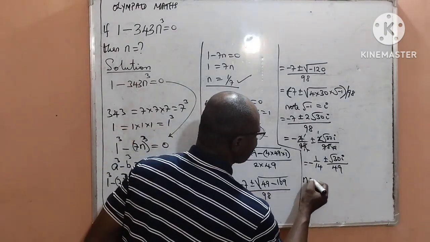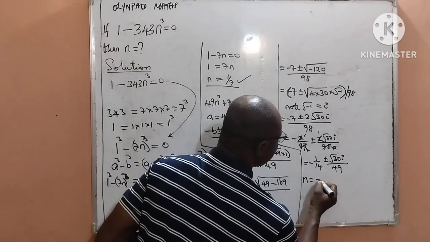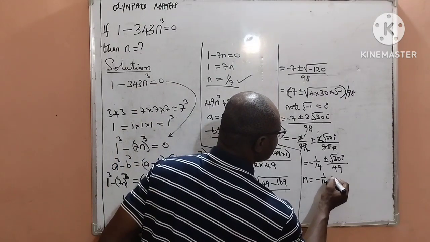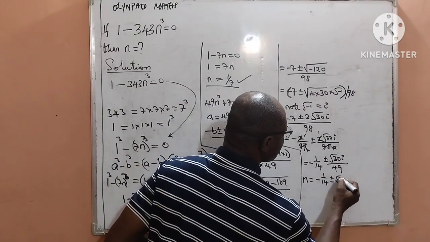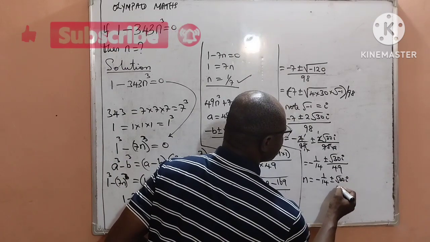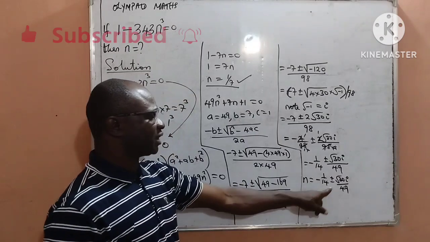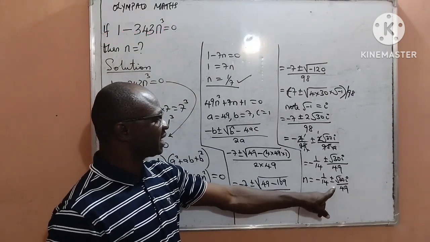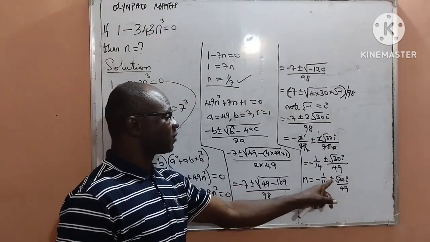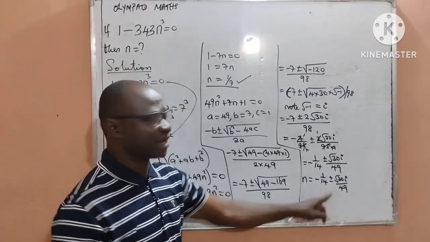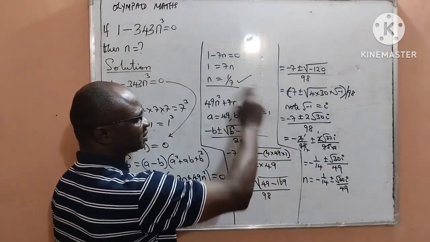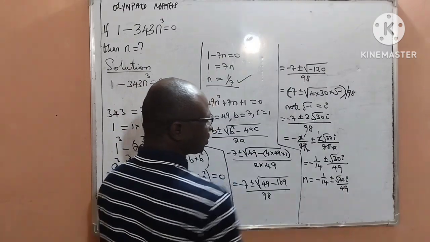So we can now say n is equal to minus 1 over 14 plus or minus square root of 30 i all over 49. Because we have plus or minus, the two values of n are both complex. So one real value of n and two complex values of n.